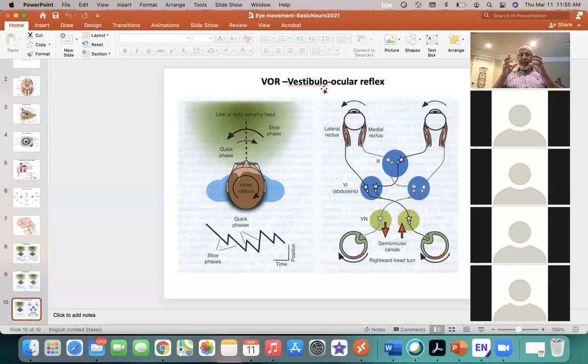The ultimate reflex is causing the movement of the eye, the ocular muscle, but it is initiated in the vestibular system. Where is the vestibular system located? At least know that they are located in the inner ear, just next to the hearing system. Hearing is by cochlea, and balance is by vestibular. Those are called vestibular apparatus. There are two types.